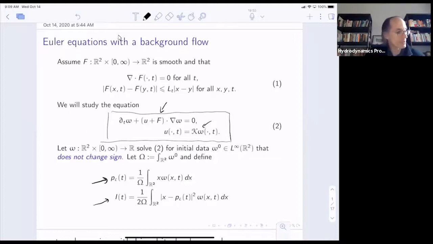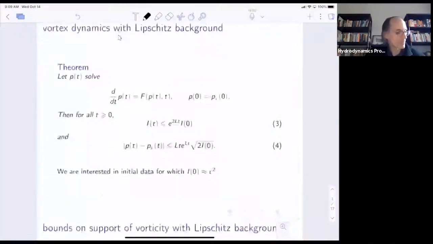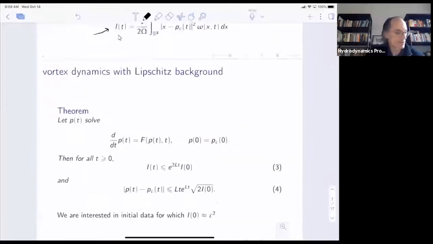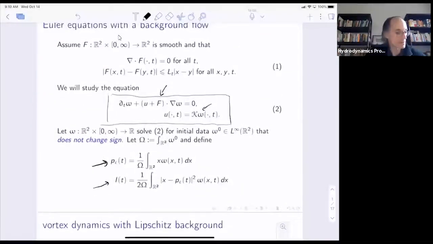So first we proved that we compared. So we imagine we have this system of equations with vorticity concentrated around some point P naught, so that the initial moment is of order epsilon squared. This is the scaling we're interested in.